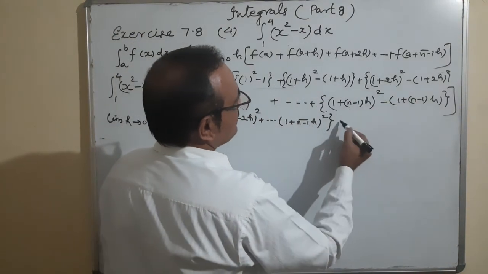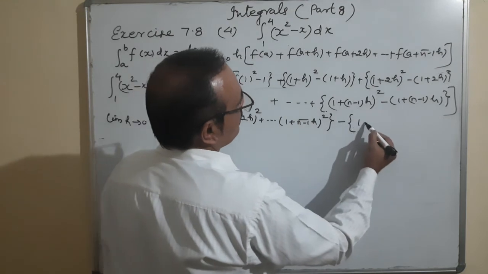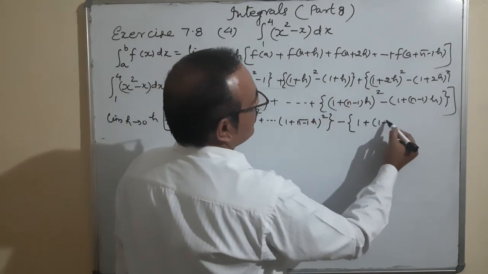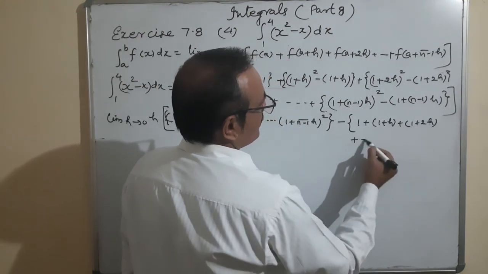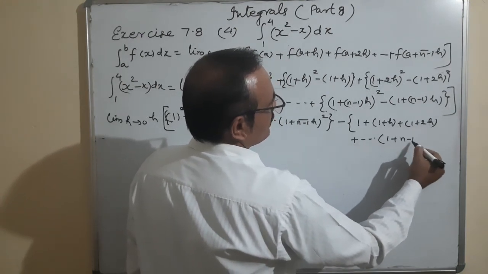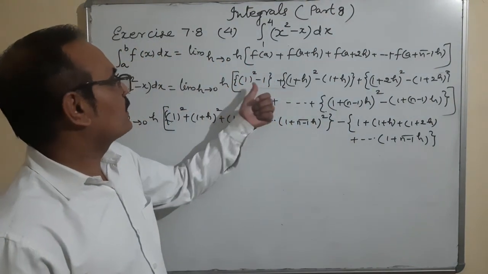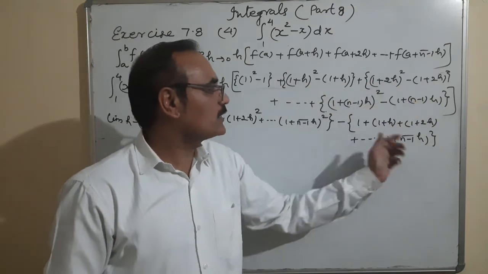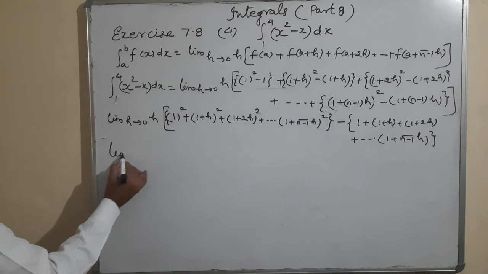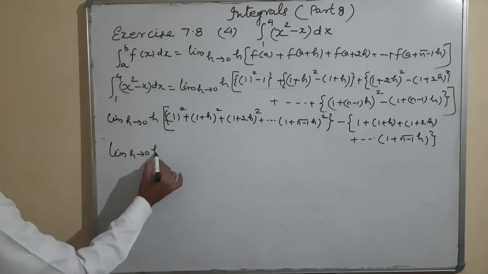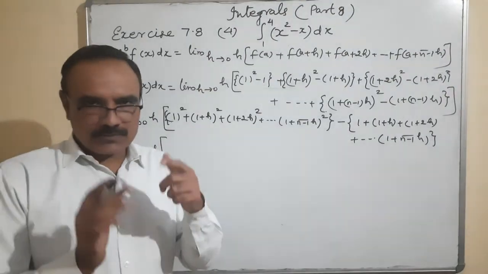Minus, taking the minus sign common, the second term is 1 plus 1 plus h plus 1 plus 2h plus up to 1 plus n minus 1 into h. Is it okay? Because I have already taken the minus sign common, all the terms in the bracket are positive. Correct? Limit h tends to 0 h. I leave the first term, second term.